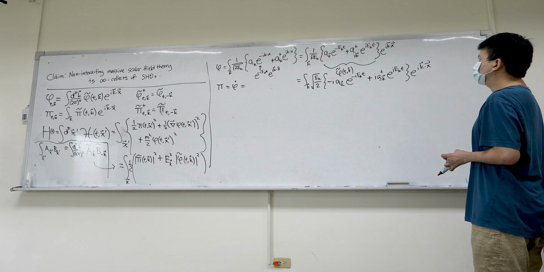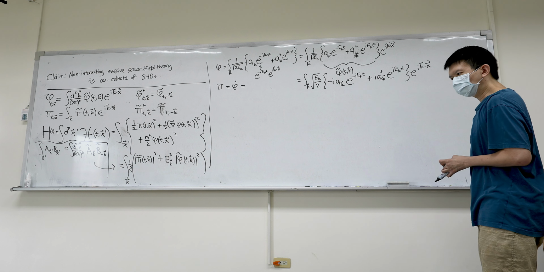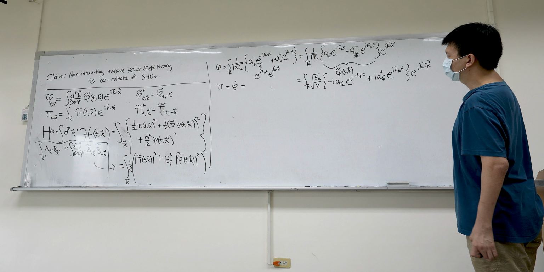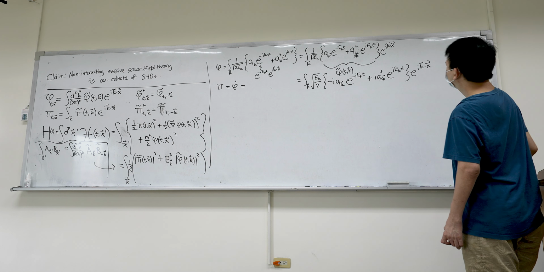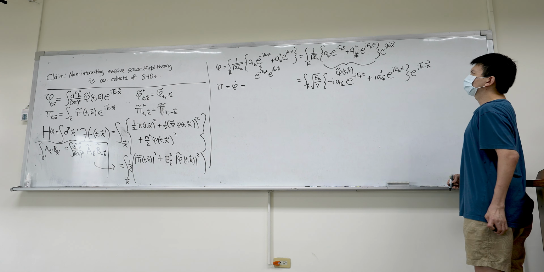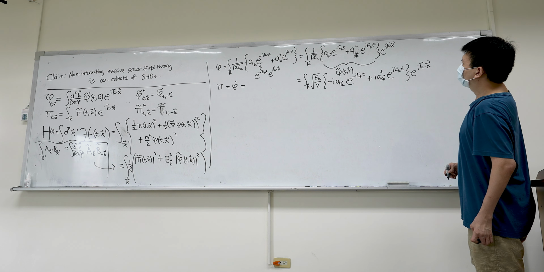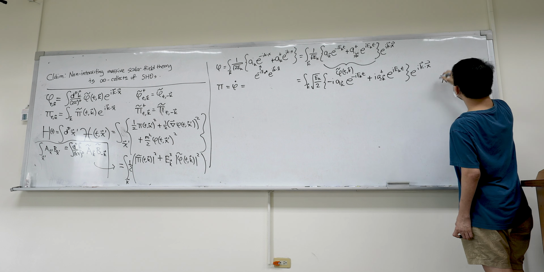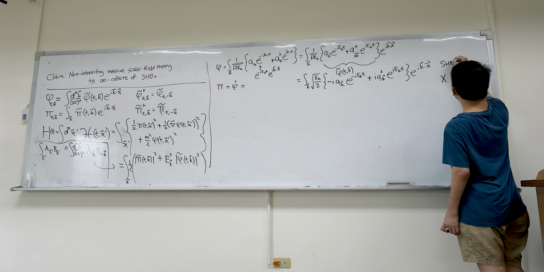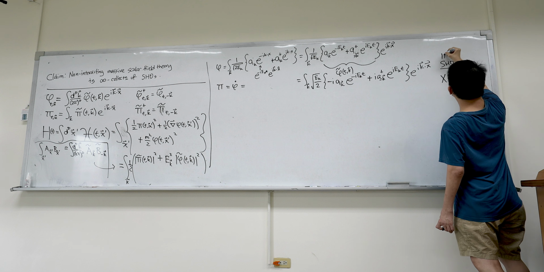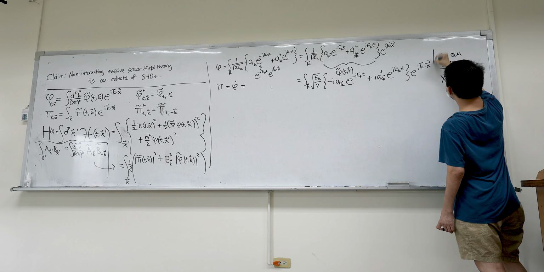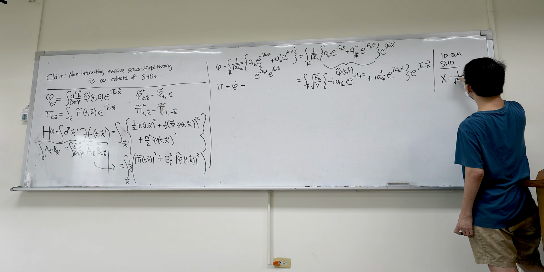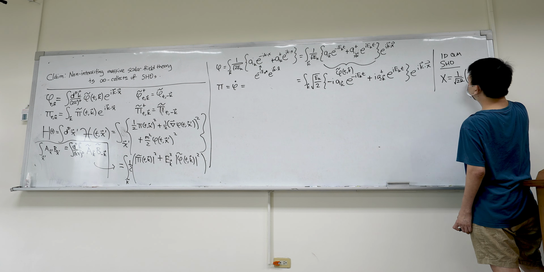At this point, it should look very similar to the simple harmonic oscillator. If you have some experience there, you would notice that, for example, Q of x. In the simple harmonic oscillator case, 1D quantum mechanics, x is something like 1 over square root of 2 omega.